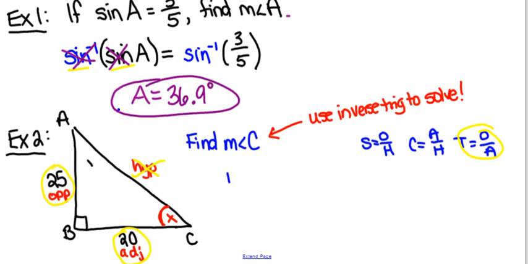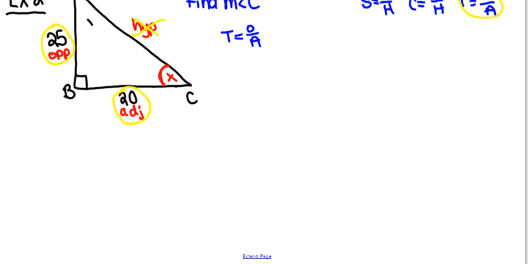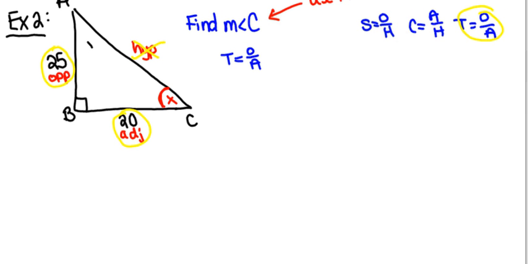This is a tangent question. So the tangent of my angle x is going to be my opposite side, which is 25, over the adjacent side, which is 20.